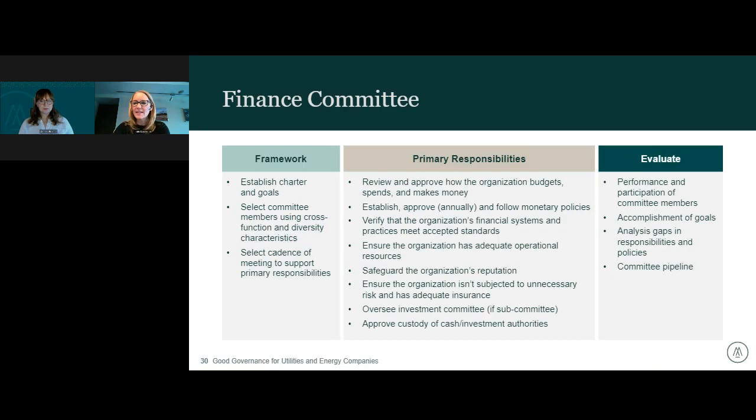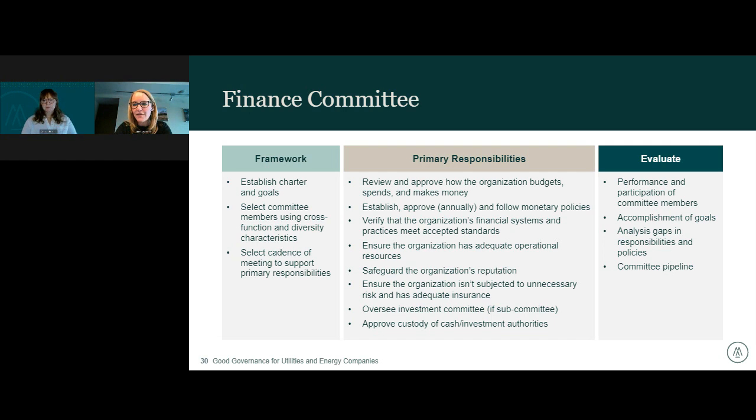So let's talk about these different committees and the framework, what their responsibilities are, and how they evaluate. And again, think about which ones are actually needed for the organization versus what functions are happening at different levels. You may just have one finance committee that goes over finance, investment, and audit. But you might have individual ones as well, depending on the size and complexity of your organization.